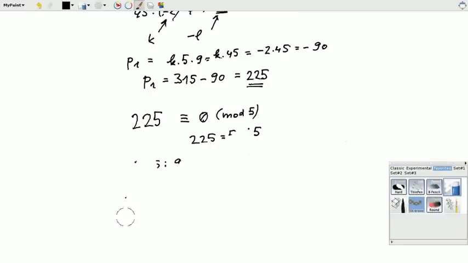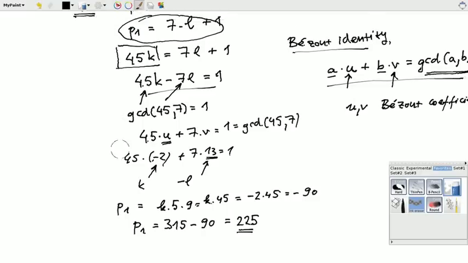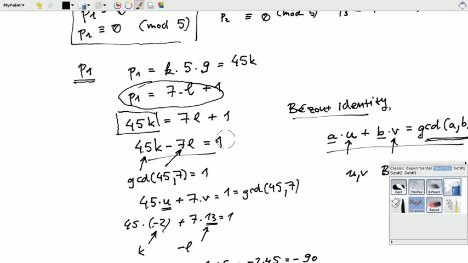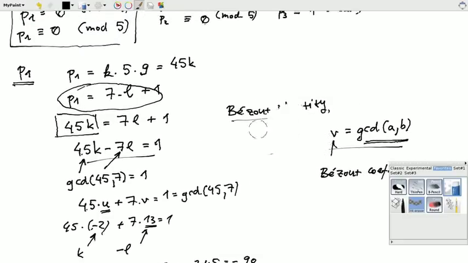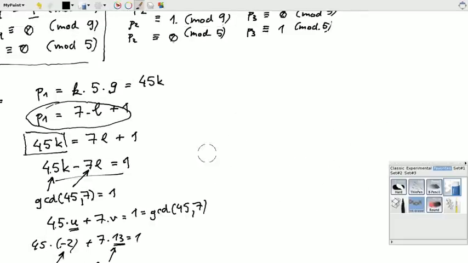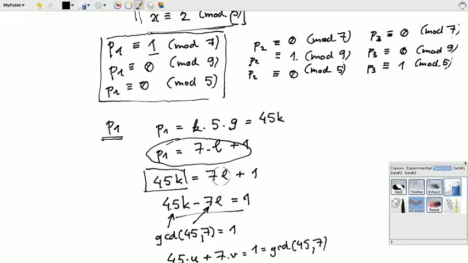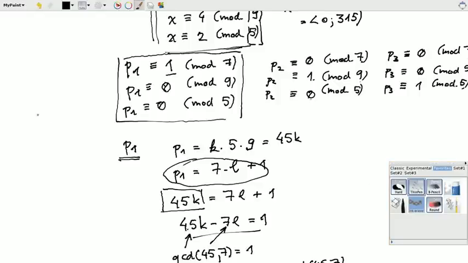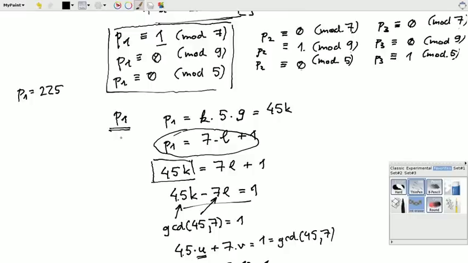I'm going to delete some things around here, make some space, and I'm going to compute the rest of the P's, that is P2 and P3. Okay, I'm going to write somewhere around here that we compute P1 to be equal to 225.